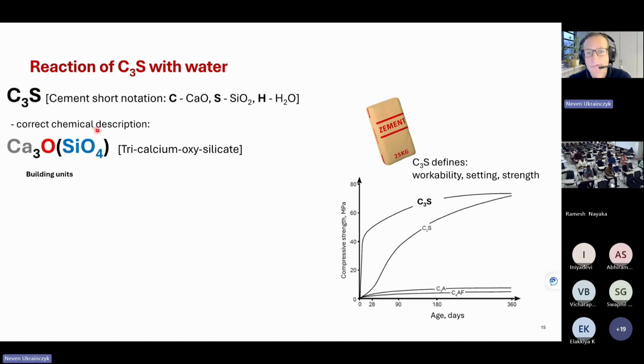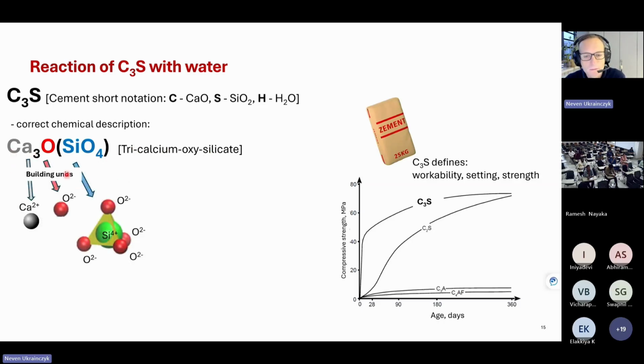But the correct formula, if you ask chemists like Johann Plank from TU München, who is very famous in Germany as a chemist, he suggested this kind of formula. It's a tricalcium oxysilicate, because when you want to see what really builds this crystal, the building units are the silica tetrahedra.